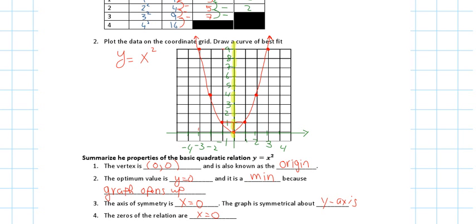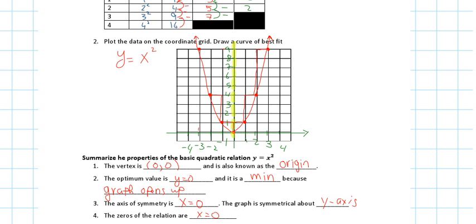Then to find your next point, you're going to go up 3 over 1. Then to find your next point, you go up 1, 2, 3, 4, 5 over 1.